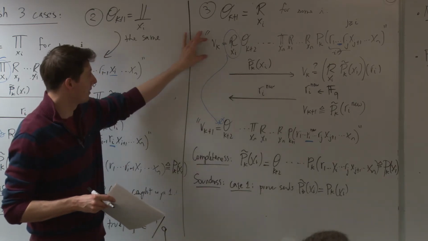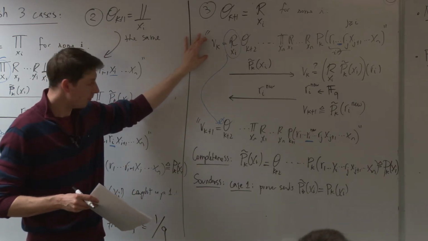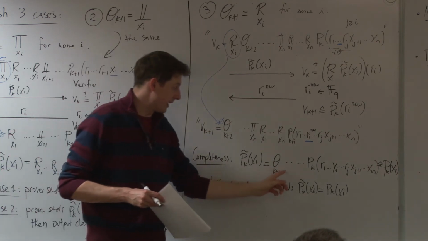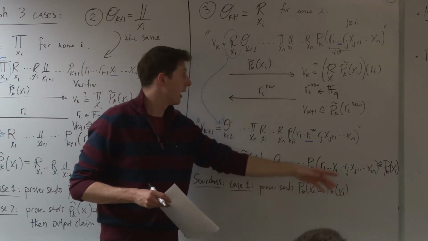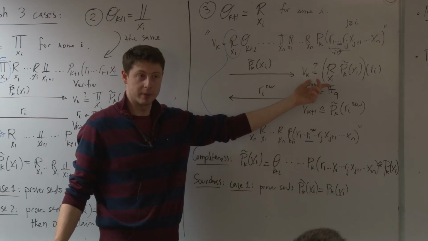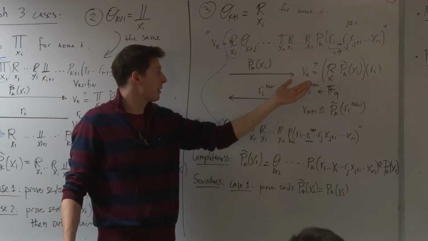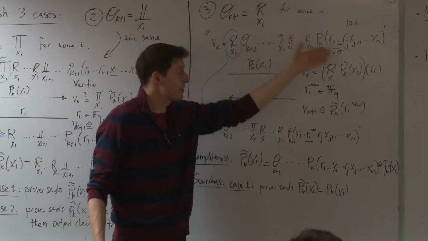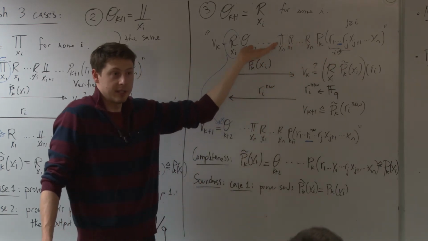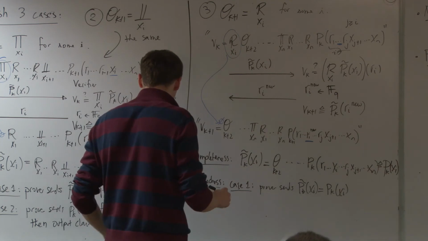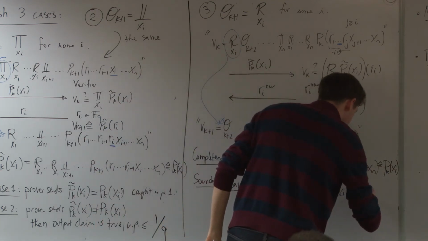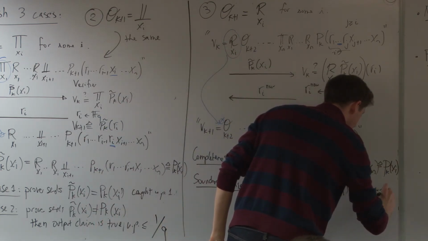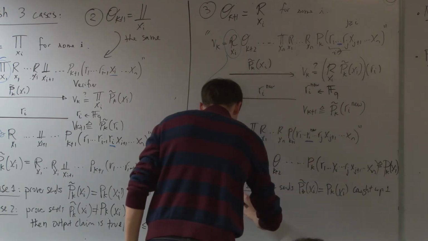So the assumption is that this claim is wrong. If the prover sends precisely this polynomial, and I do this check, what happens? I reject all the time, because formally this thing will evaluate to this guy, right? And then we said it's wrong. So this is caught with probability 1.